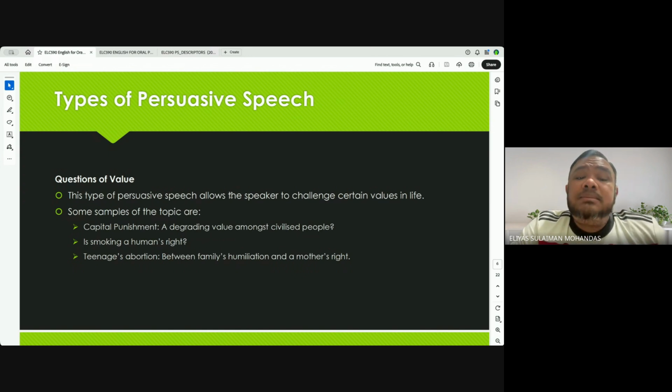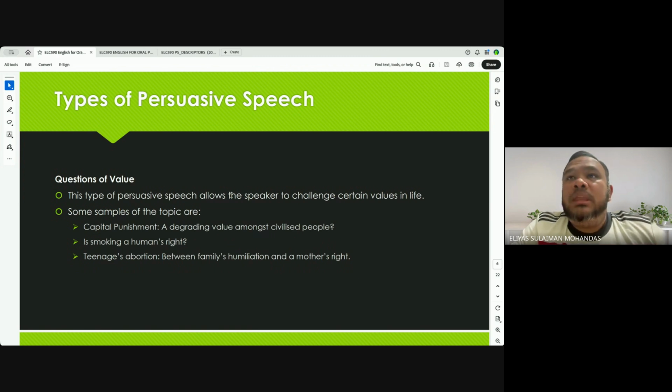Or teenage abortion, between family situation and a mother's right. So sometimes, the unwedded maternity, or she is pregnant out of wedlock. Maybe the family doesn't really want the child because it is out of wedlock.